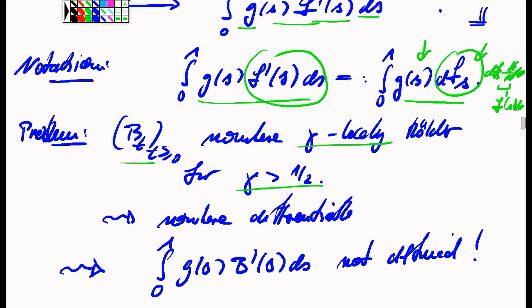So if you, for instance, choose gamma to be 3/4, then we know that Brownian motion is nowhere locally Hölder continuous with Hölder exponent 3/4.